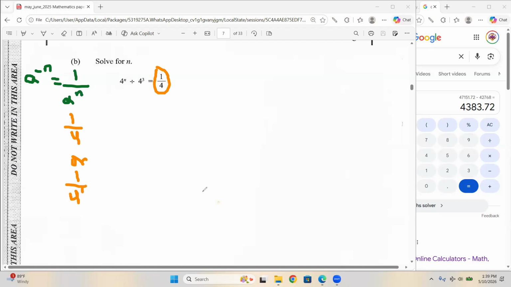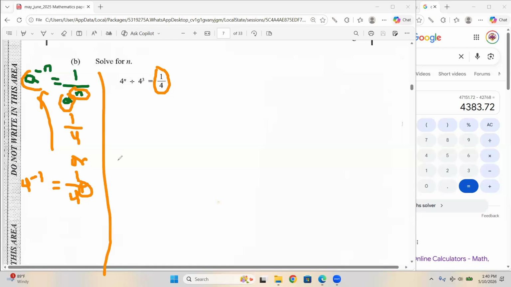Because it's a power of 1, they don't write the power. But if I was to convert this to that, the base number here becomes the main number here. So this 4 here becomes 4 here. And the power that is here becomes negative. So 1/4 can be written as 4 to the power of negative 1.